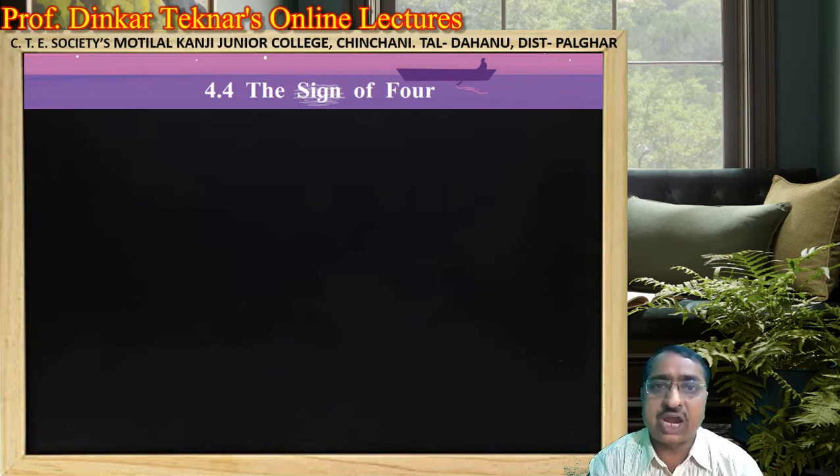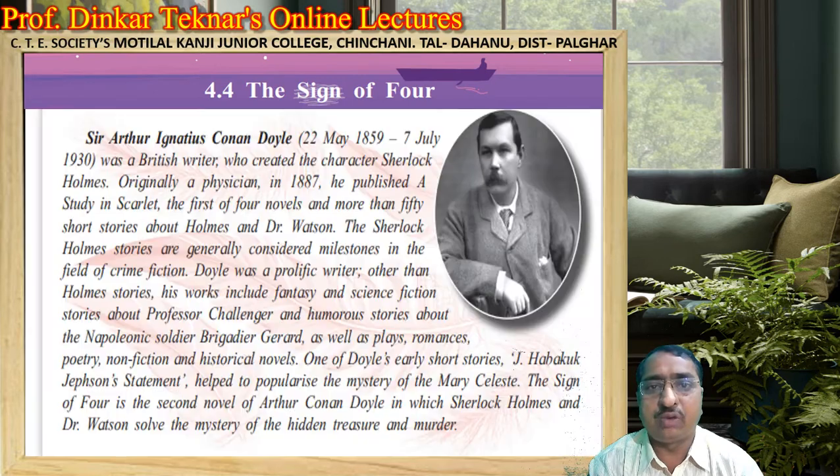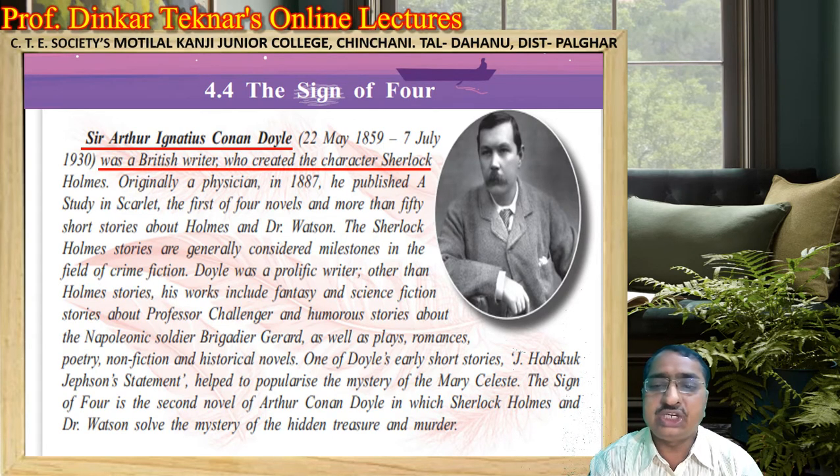Before we start the novel, we will get some introduction about the writer of the novel. The writer is Sir Arthur Ignatius Conan Doyle. He was a British writer who created the character of Sherlock Holmes. You know, in the history of British literature, Sherlock Holmes became very, very popular among the readers.